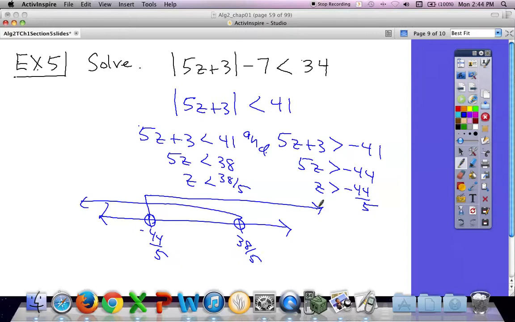So at that point you have to somehow indicate that you understand that the solution is just this area here. It's where they overlap. You can't just draw the graph and walk away from it and not show that you understand what that means. It means that the answer is x is in between, or in this case it was a z, in between negative 44 fifths and 38 fifths. That needs to come out in it somewhere.